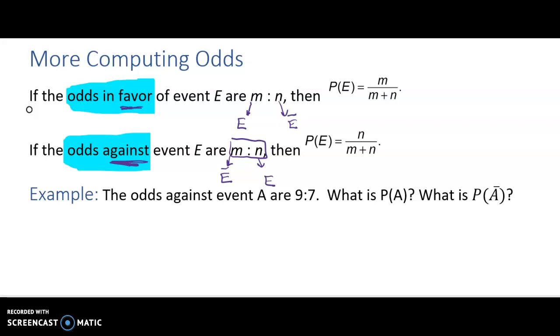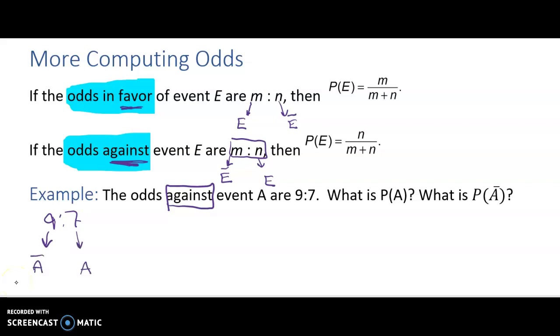We would say that if we know the odds against E are m to n, then the probability of E is n over m plus n. Let's do an example. The odds against an event A are 9 to 7. What's the probability of A? What's the probability of not A? Because we have against right here, I know the first number I see, 9, is associated with A not happening.